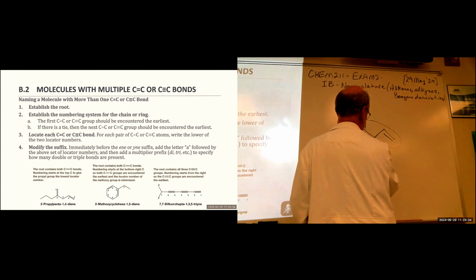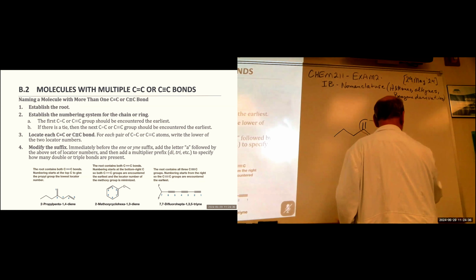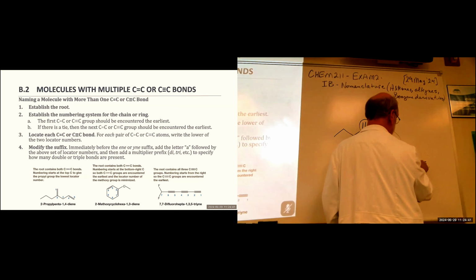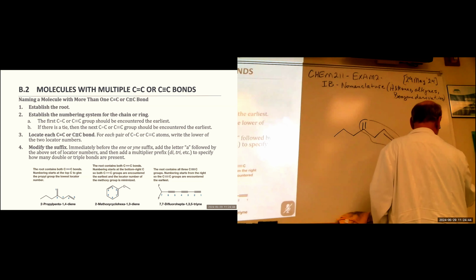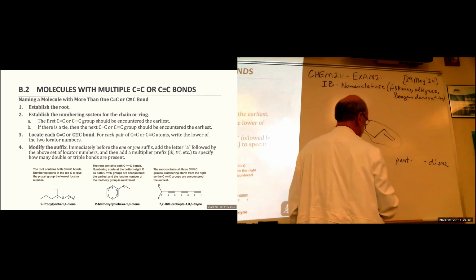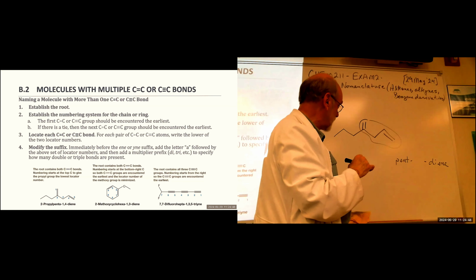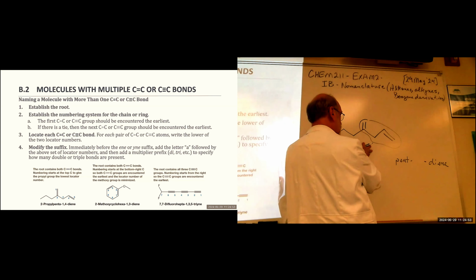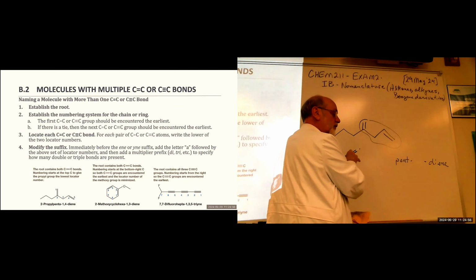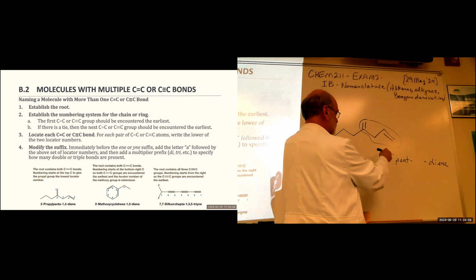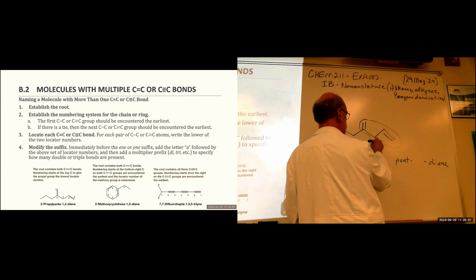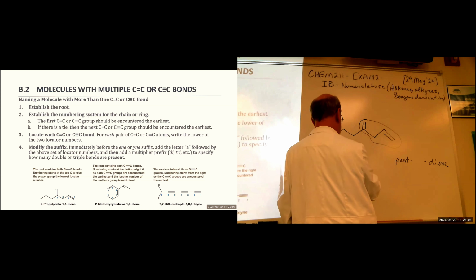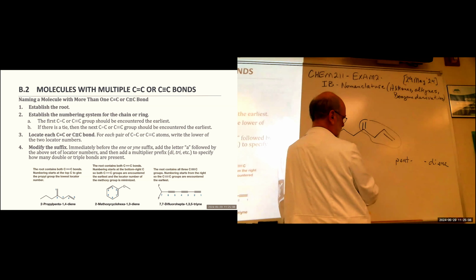So we've got a 5, a pent-something. We're going to have 2 numbers here, and then we're going to say it's a diene. So how do we number this so that it's the smallest number? Well, you want to number it so that the attached group is also the lowest number. So instead of starting from here, which would be 1, 2, 3, 4, we start here, 1, 2, that gives it a 2 side group.